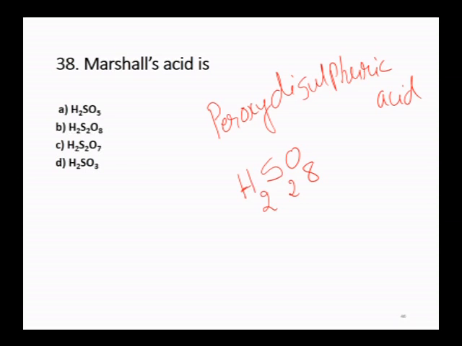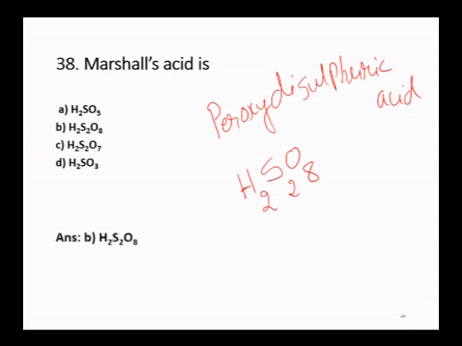H2SO5 is called Caro's acid. H2S2O7 is called oleum. H2SO3 is called sulphurous acid. So peroxydisulfuric acid is called Marshall's acid. Its suitable answer is H2S2O8, B.